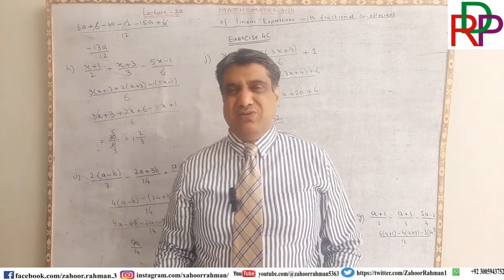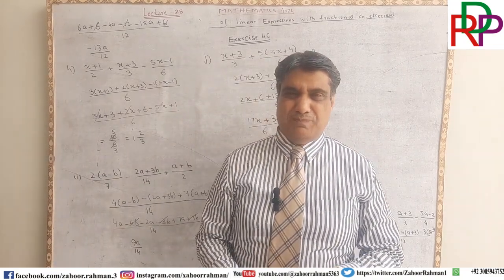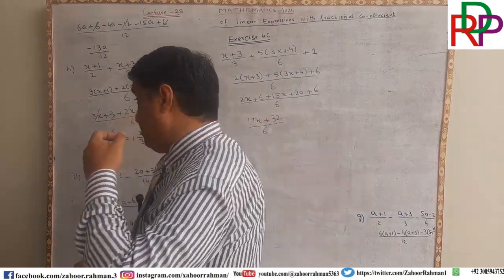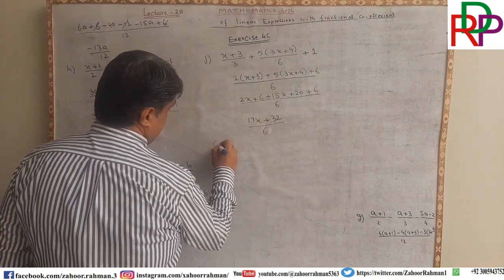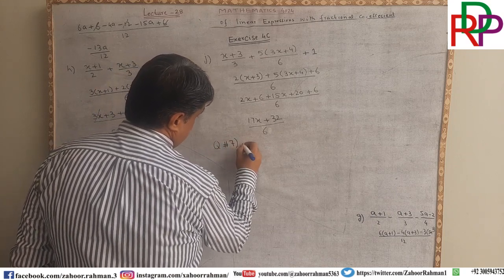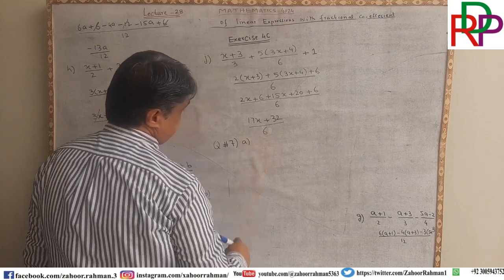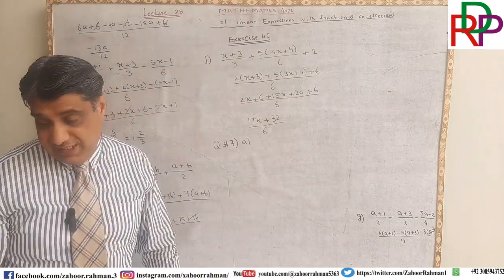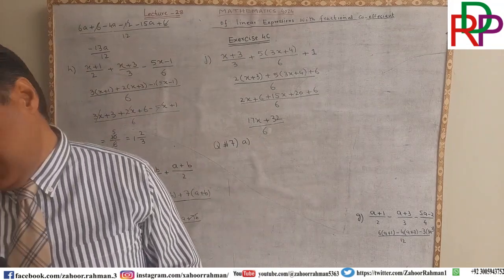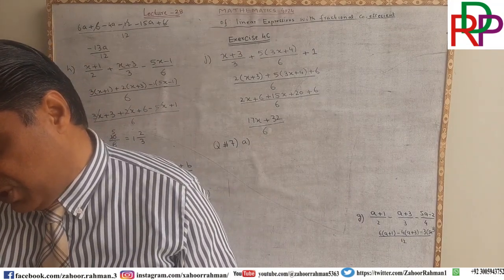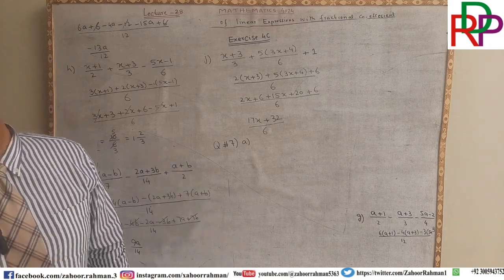I am doing the advanced questions, so let us do question number 7, part A. Question number 7 is saying: factorize each of the following expressions completely.